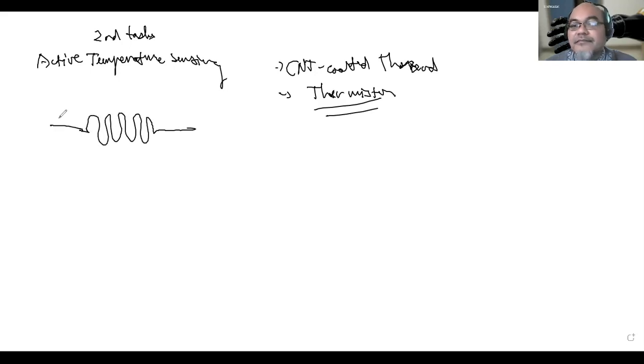Okay, a heater, to which you will flow a current with a current source. So let's say this has an initial resistance of R0, right?